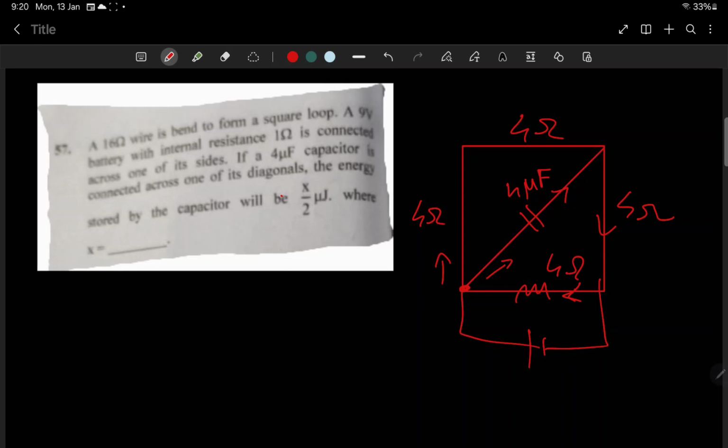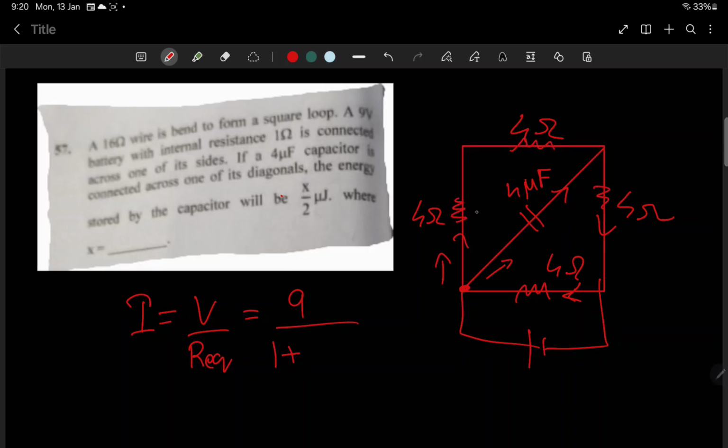So first of all, we should find the I effective. That can be found by V by R equivalent resistance. Okay, let us find it. V is 9. 1, that is the internal resistance, plus here it is in series.